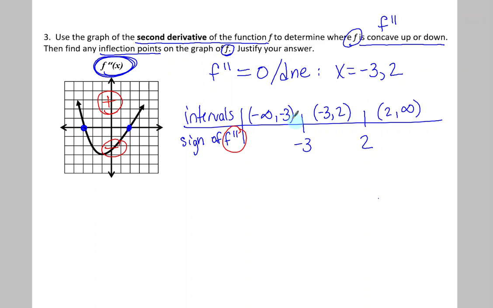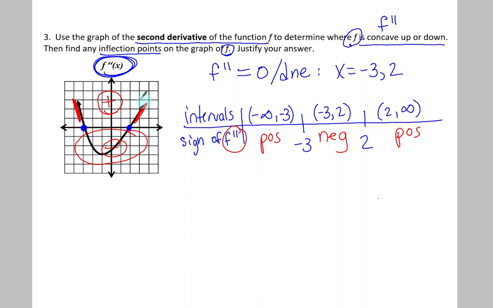So on the first interval before -3, the graph is above the x-axis, like it is again after 2. So in these two places, the second derivative is positive. Then we have the section where it's below the x-axis, where the second derivative is negative.